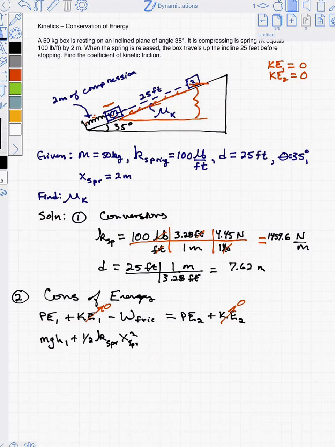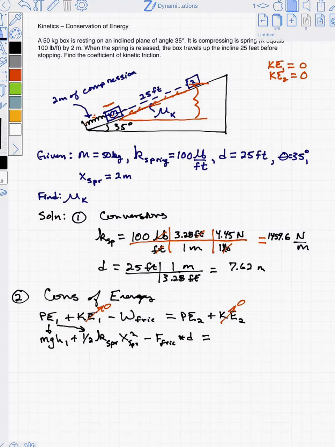So potential energy is both gravitational and spring, minus the work of friction. Remember, work is force times distance. So it's force of friction times distance. And that's going to equal potential energy at point 2.